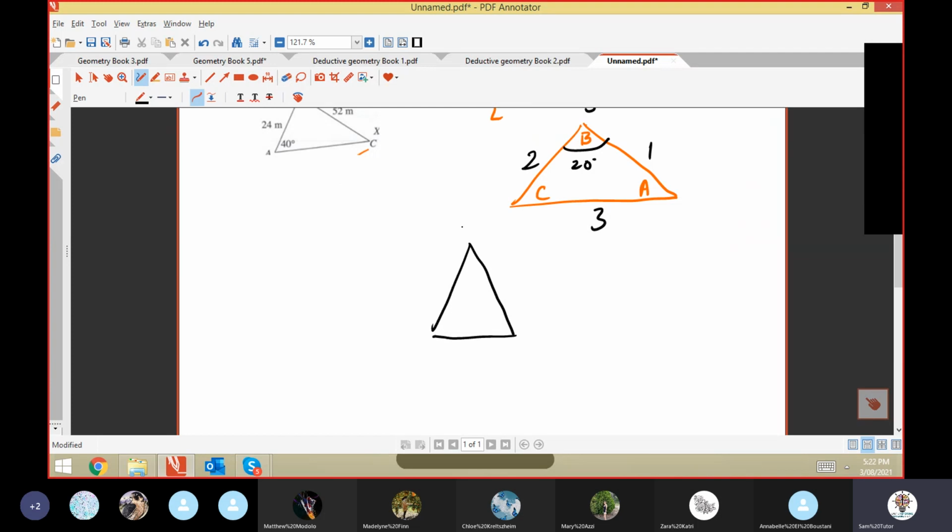So I've got this. I've got A, B, C. I've got 1, 2, 3. Let's draw a dotted line here, and let's flip. What's going to happen when you flip it to this side? When you draw this exactly and fold your paper, you're going to get the exact same shape.